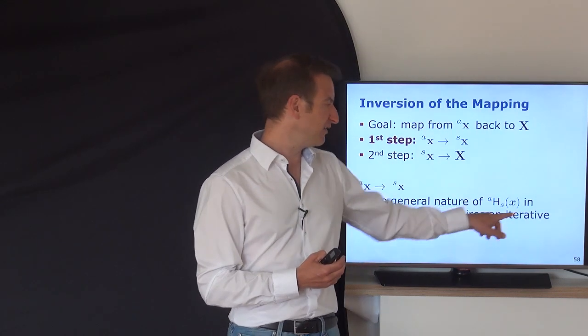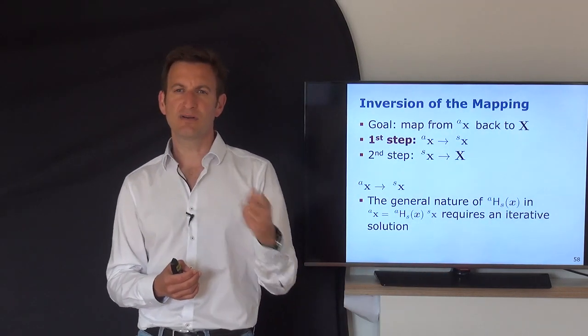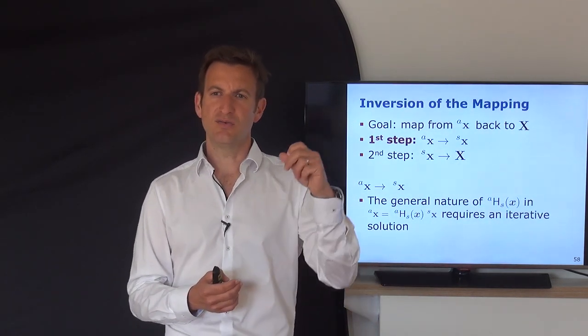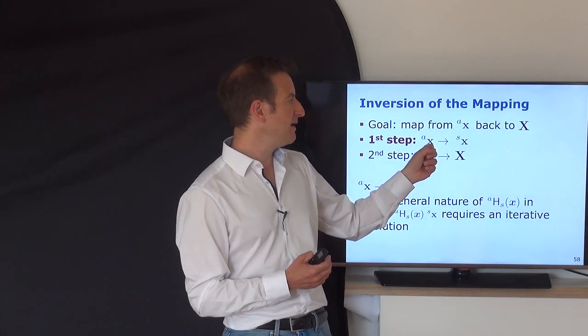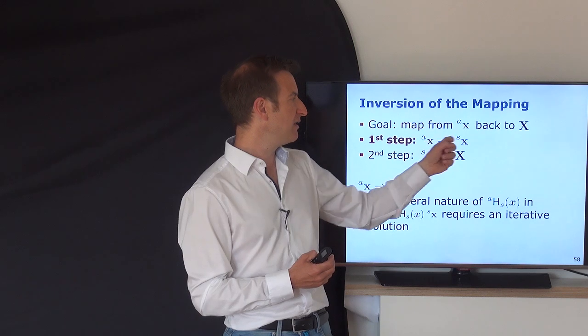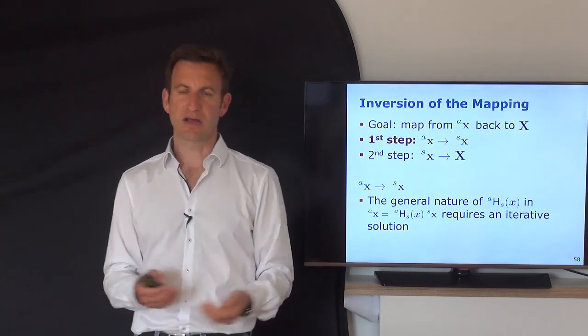So as a result of this, I need to invert this transformation. I need to typically perform an iterative approach, trying to iteratively invert this transformation so that I can obtain the sensor coordinate based on the corrected coordinate.